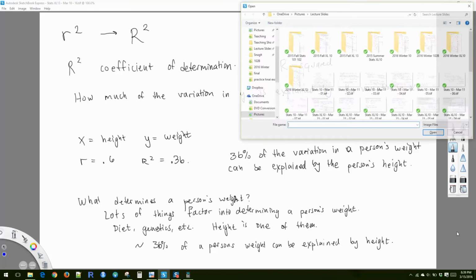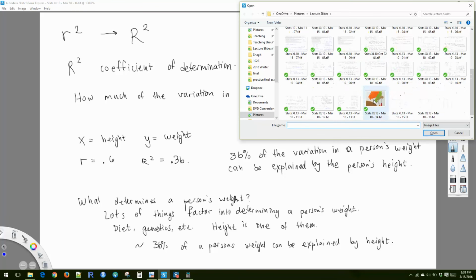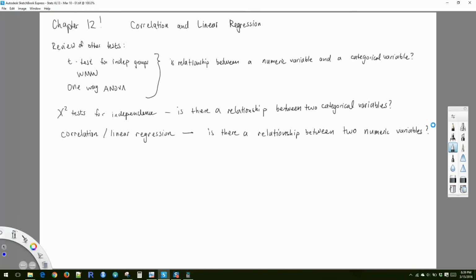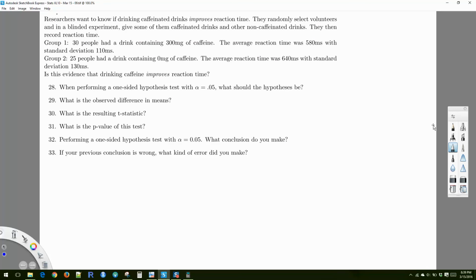Shoot. Where am I? Here we are. Okay. Yes, that's it.